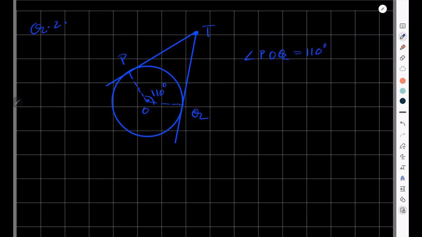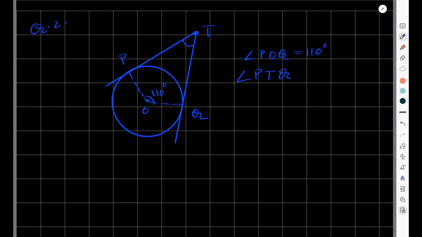Then it's asking what will be angle PTQ. That is the question. Now we will try to get the answer. PTQ is this angle, isn't it? This is what is to be found.